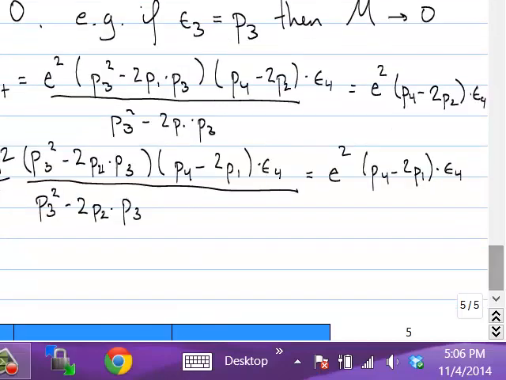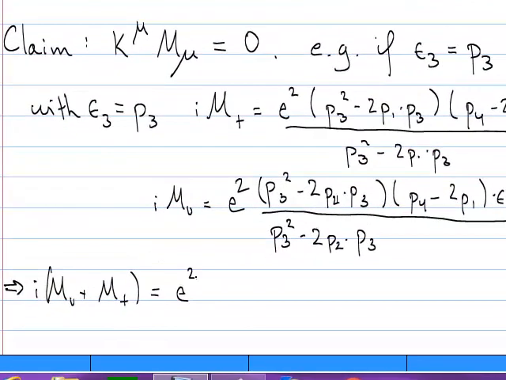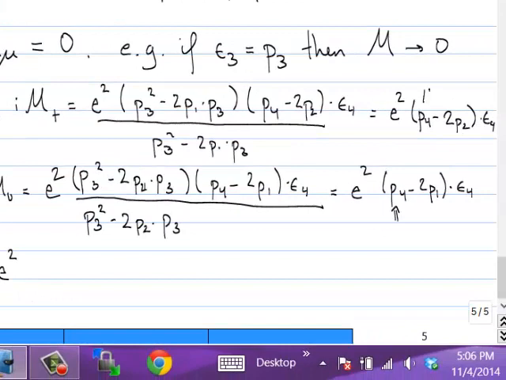So you add it all up together, and you get something proportional to E squared, with a factor of 2. You get a P4 from MU and MT, and a P1 from one of them and a P2 from the other: 2, the electron charge squared, times P4 minus P1 minus P2, all dotted into epsilon 4.